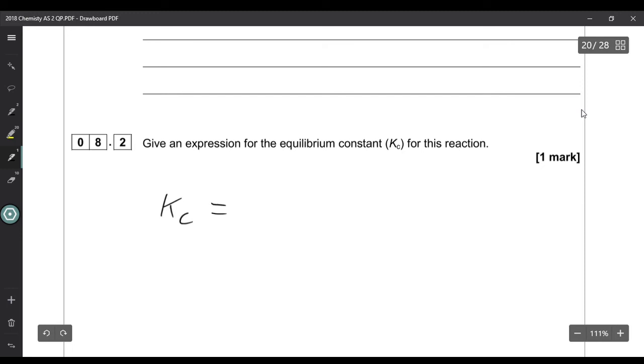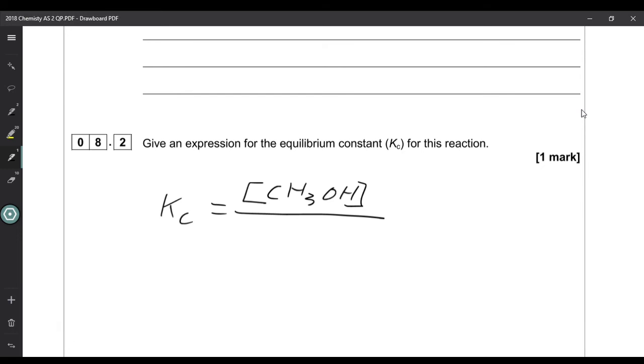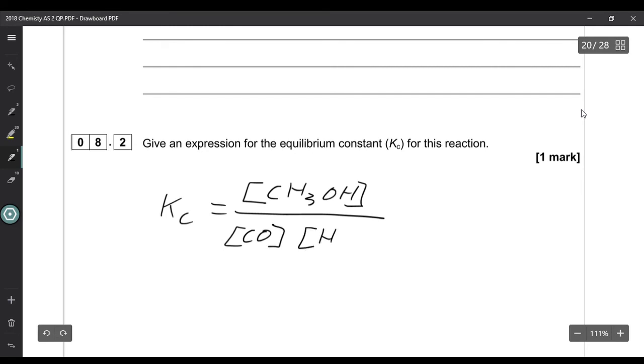Kc, so then we've got the concentration of our product, so that's CH3OH, over the concentrations of our reactants, so that'll be CO and H2.